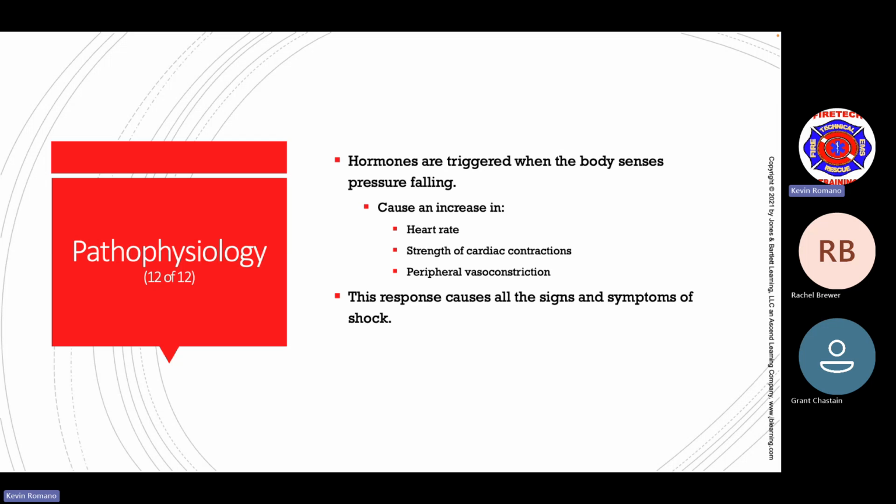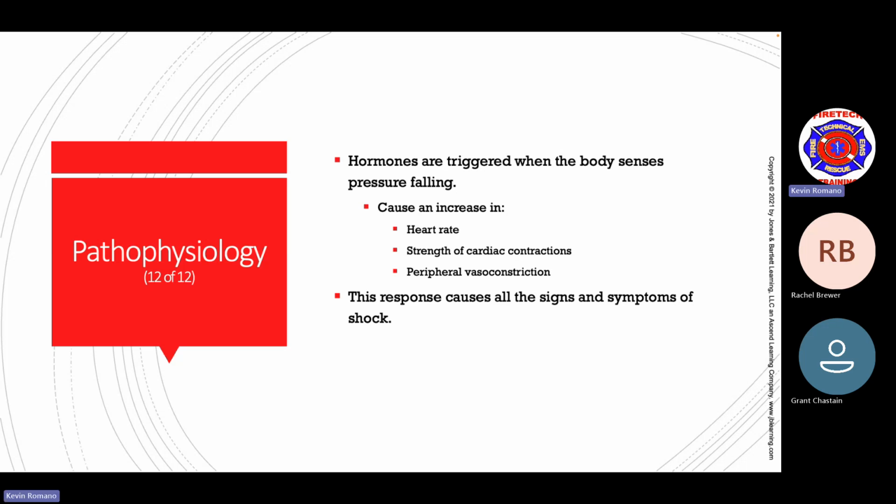That's when our norepinephrine starts to kick in, right? The norepi, which is our body's neurotransmitter for the sympathetic nervous system, that other side, the fight or flight, right? This response is caused by the autonomic nervous system through release of hormones such as epinephrine and norepi.